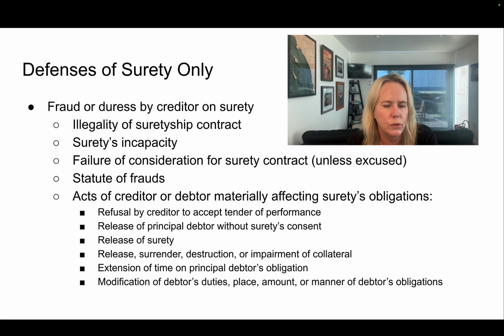So refusal by the creditor to accept tender of performance, release of the principal debtor without the surety's consent, release of the surety, release, surrender, destruction, or impairment of the collateral, extension of time on the principal debtor's obligation, and modification of debtor's duty, place, amount, or manner of debtor's obligations.